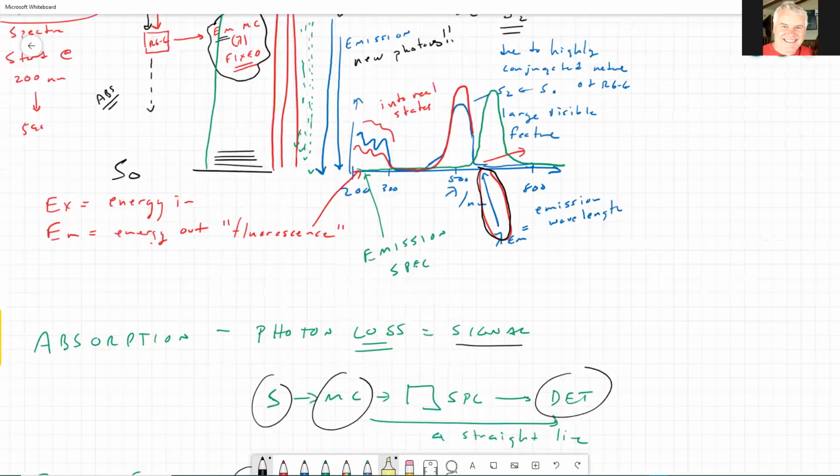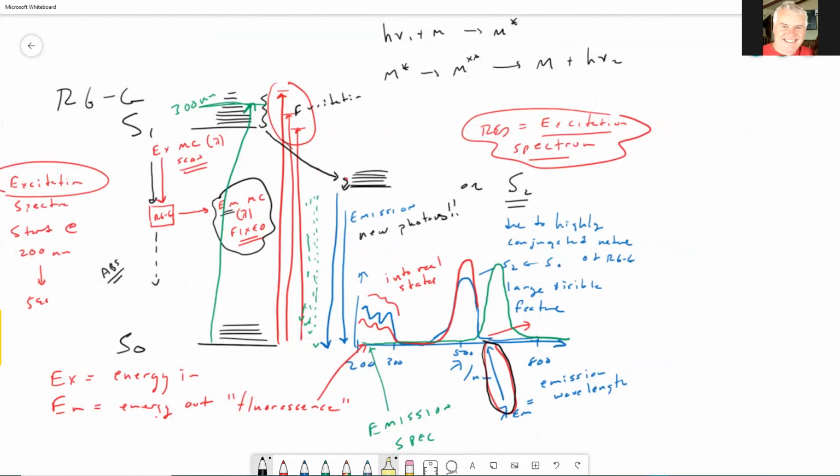So we can look back here at the experiment that we're doing, right? For EX, the monochromator here, the excitation monochromator is scanned, and this arrow changes length, right?